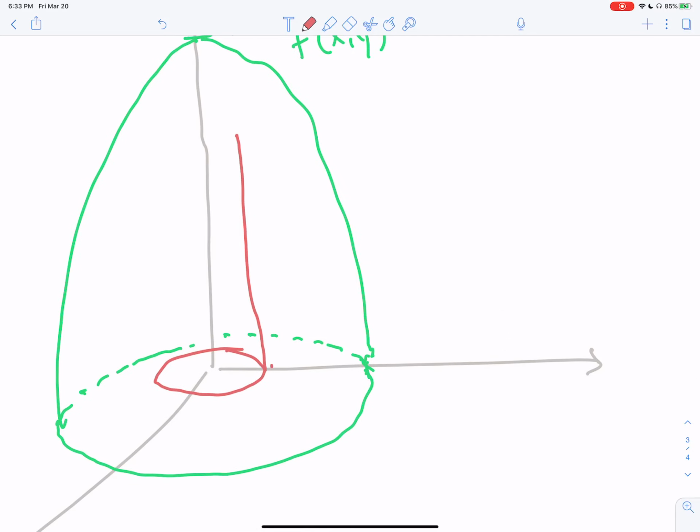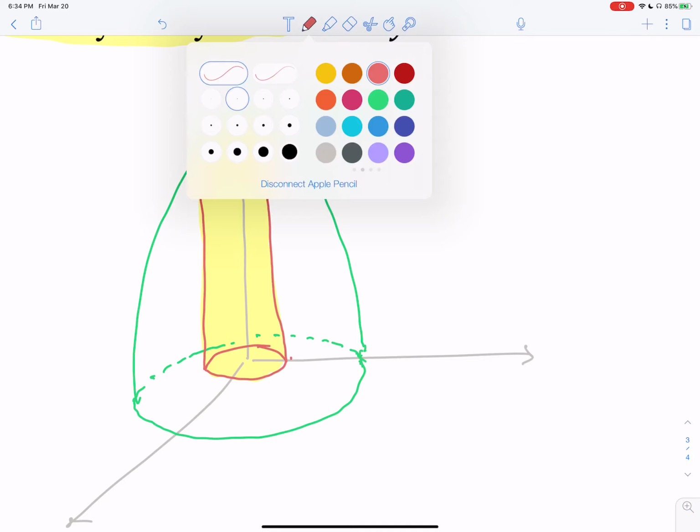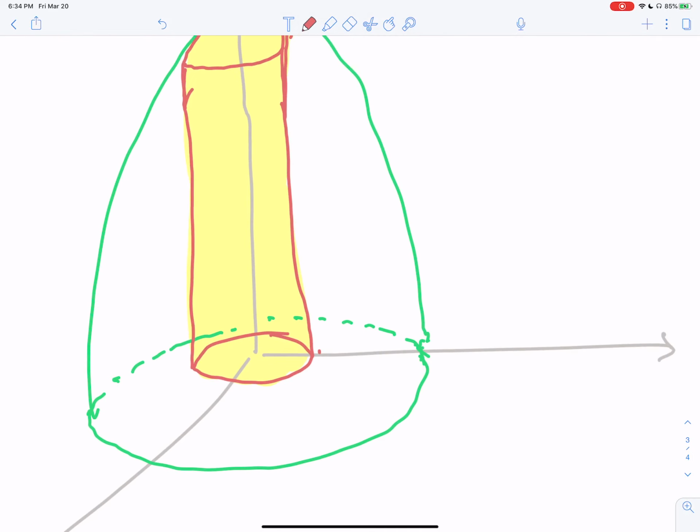So it'll probably intersect somewhere like that. And then it probably is going to have some curved top, like that. Right, so this is the shape that we're trying to find the volume of. Looks like this. Right, where the region we're integrating over, R, is this guy. This is R, right down there.